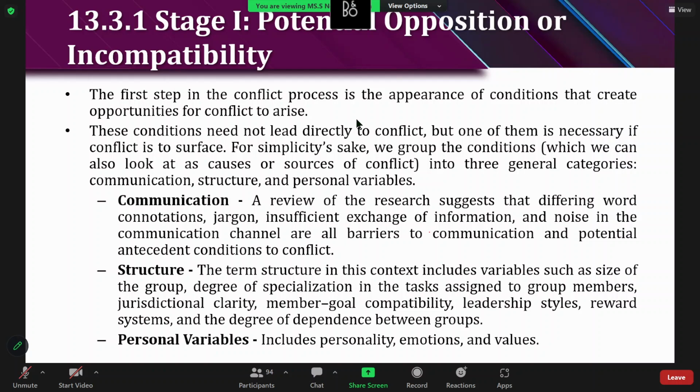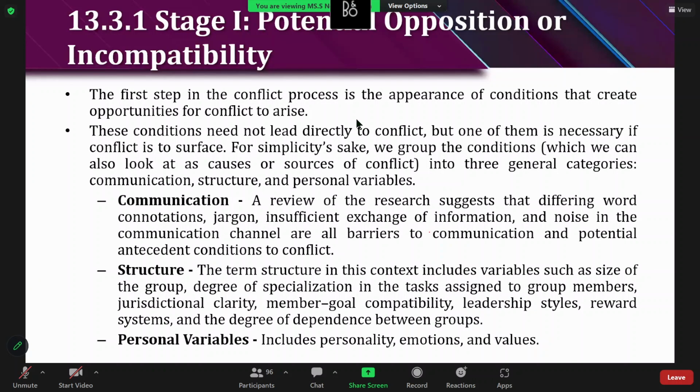So the next one is the personal variable, which includes the personality, emotions, and the values. Okay. Some people, because of the nature of their personality, are really disagreeable people. People who are low in agreeableness, according to the Big Five personality, whatever is said by other people, they are not going to agree with their points of view.